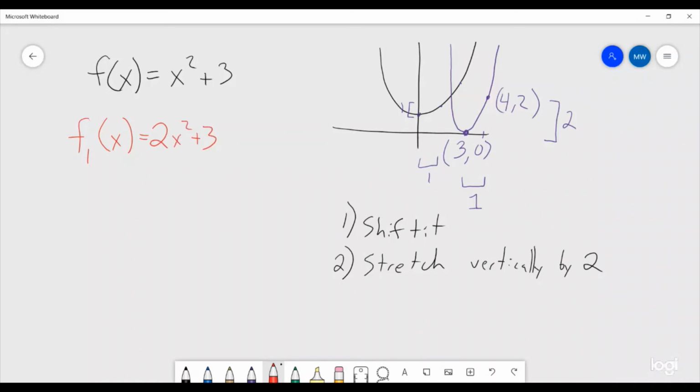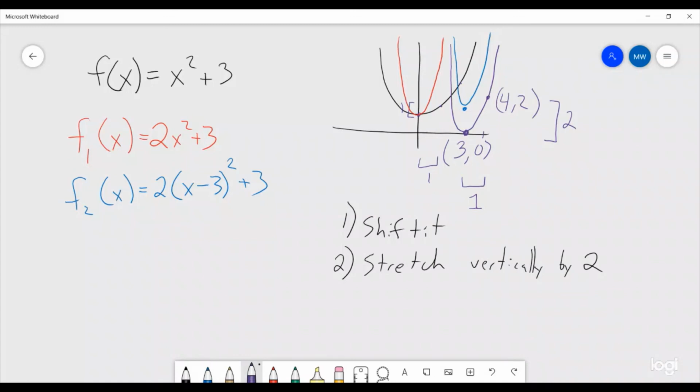So if we were to draw that, that would be now the correct shape, but still in the wrong spot. We then need to shift it over 3 spots. So shifting it over, that's going to be replacing all of the x's with x minus 3. And that's going to now have the vertex there and the parabola going like that.